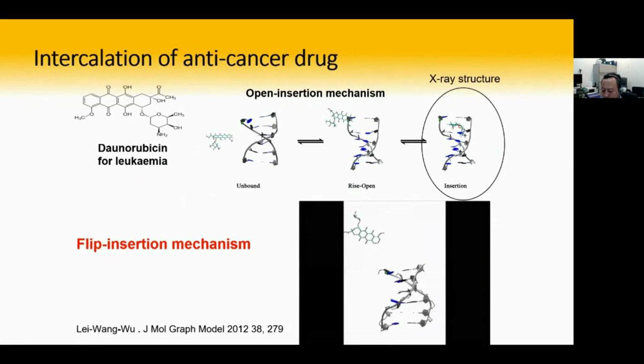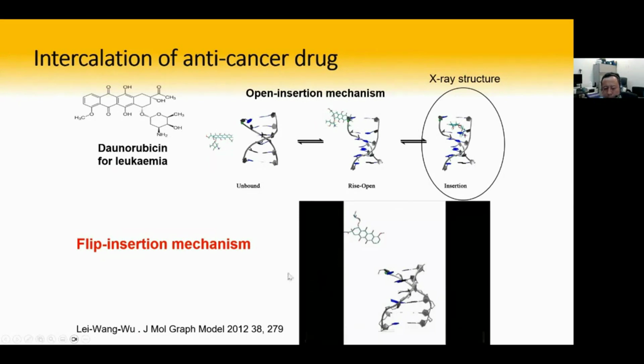You need to separate those two strands, and then, based on base pairing, do replication or transcription. When the drug is inserted, it is not able to do that. But here, what we're interested in is how this drug inserts. Crystallographers solved this crystal structure, and they suggested that the DNA might just open up so the drug can get in and stay there. And this work I did 10 years ago.